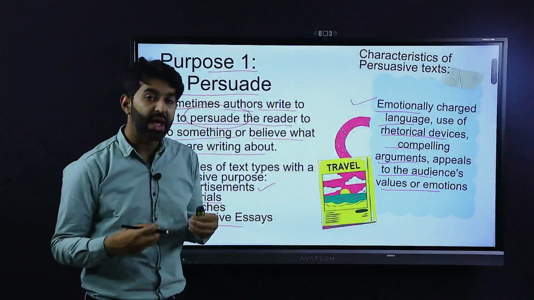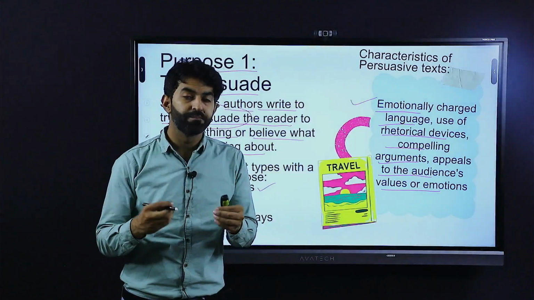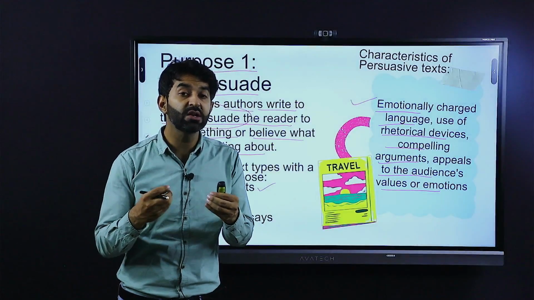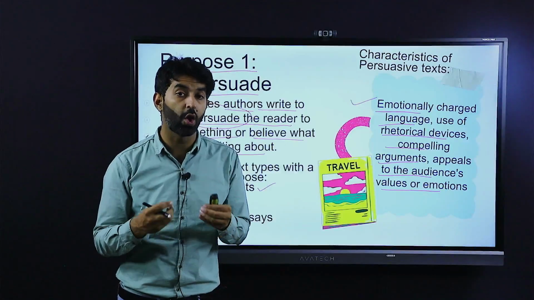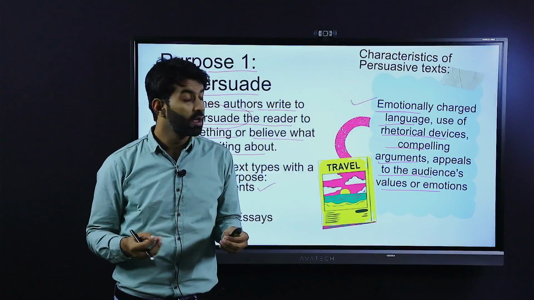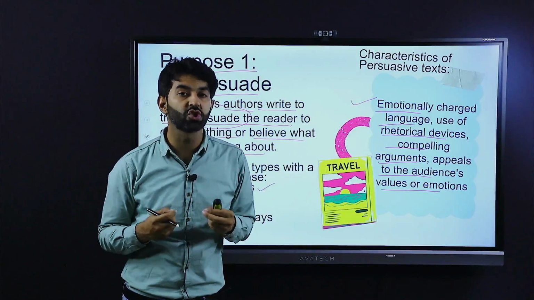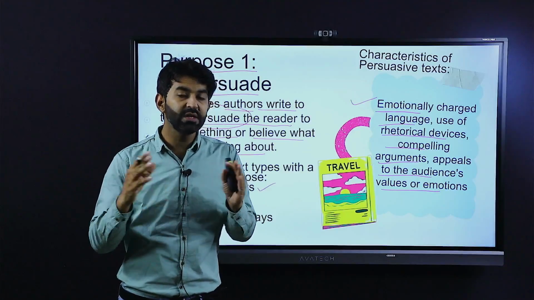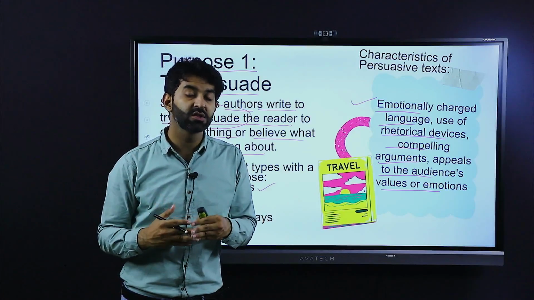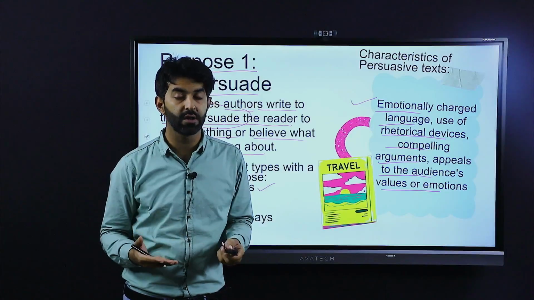So they actually try to touch the emotion of the audience or the reader. So you can find language which is emotionally charged. All these things coming together, hence the reader is actually persuaded by the author.